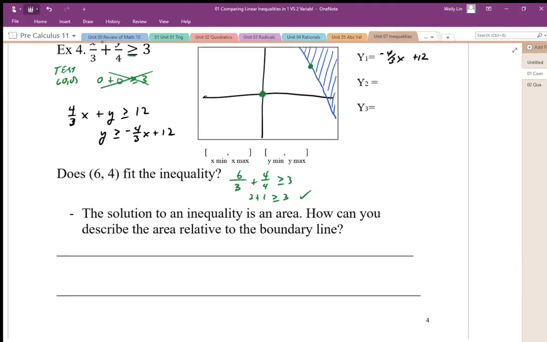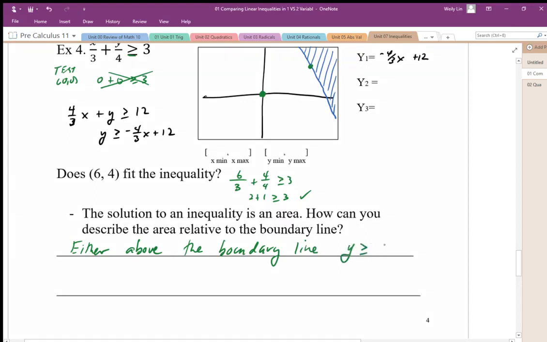I'm going to write it this way: it's either above the boundary line, and that's when y is greater than or equal to, or y is greater than, our function, or below the boundary line, when y is less than or equal to, or y is less than the boundary line.